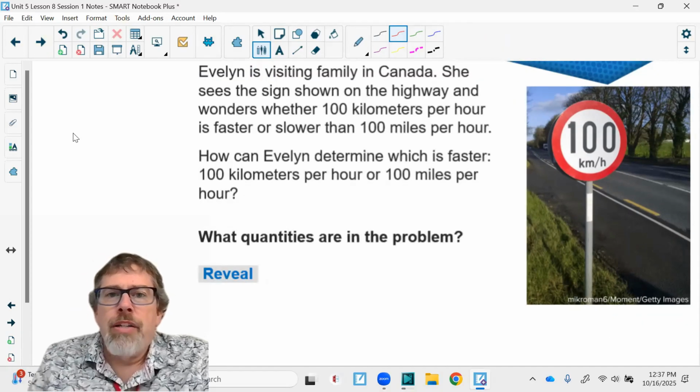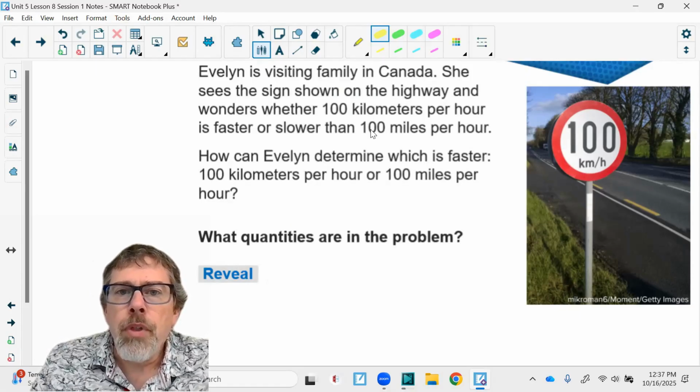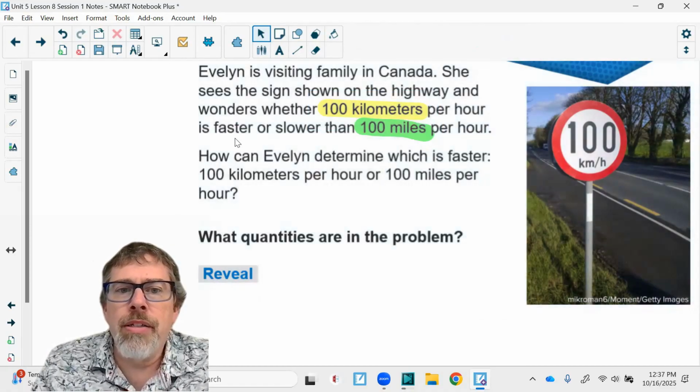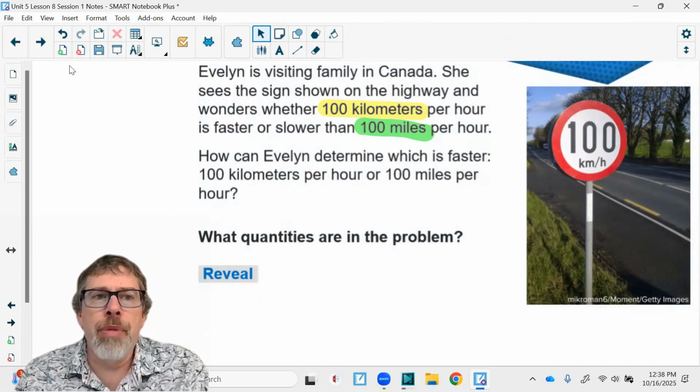So what quantities are in the problem? Well, we have 100 kilometers and we have the 100 miles. Those are the two quantities. So the quantities are both 100, but in different units of measure.